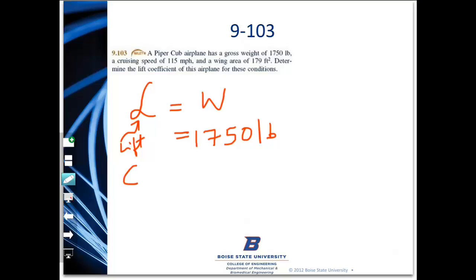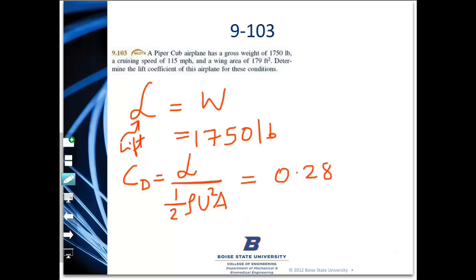And the lift coefficient is defined as the lift force over half rho u squared A. In this case we know L, we know the density of air, u squared. Make sure you convert this into feet per second since you are given miles per hour, and you know the area. So if you determine this, you'll get 0.288. So this concludes the recitation for chapter 9.